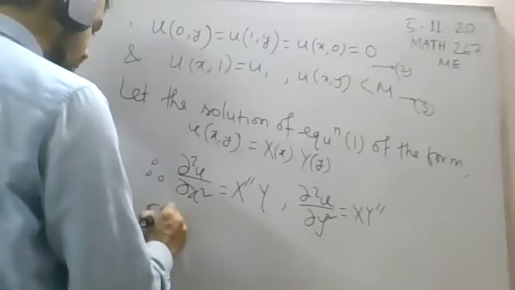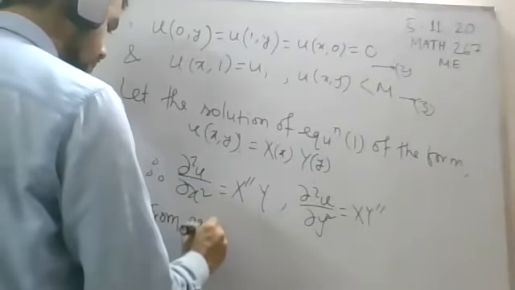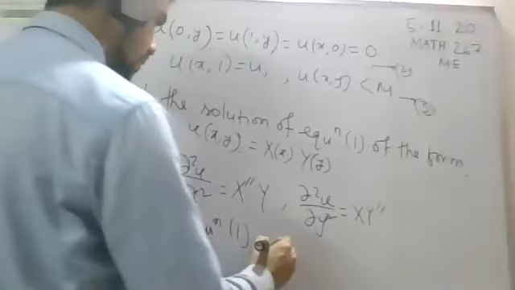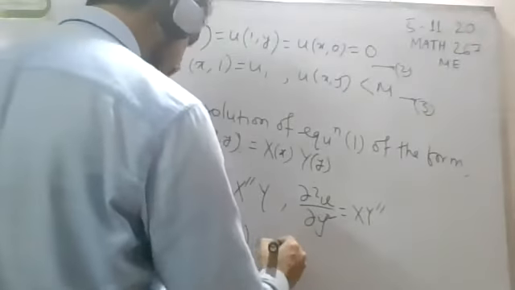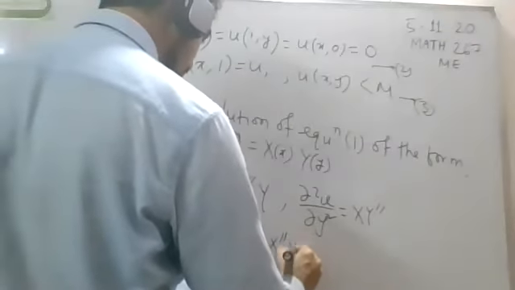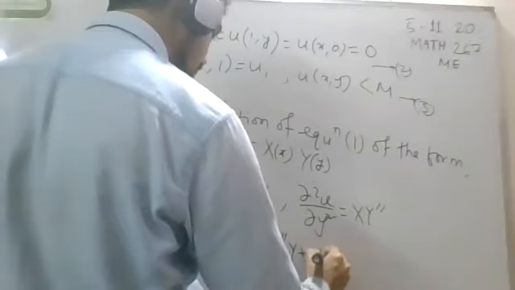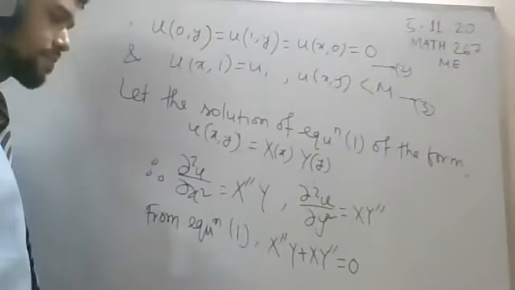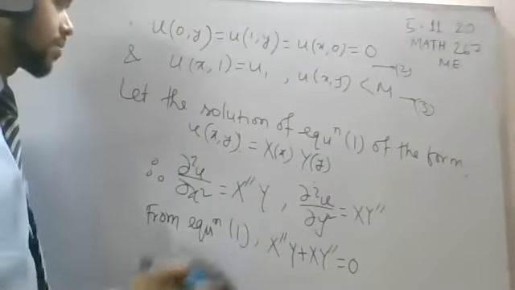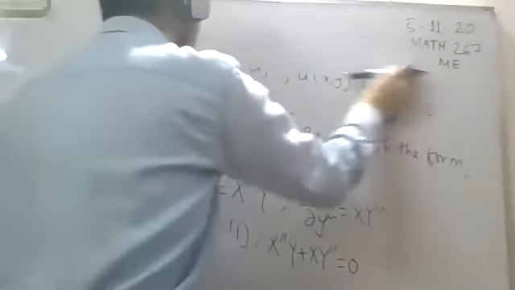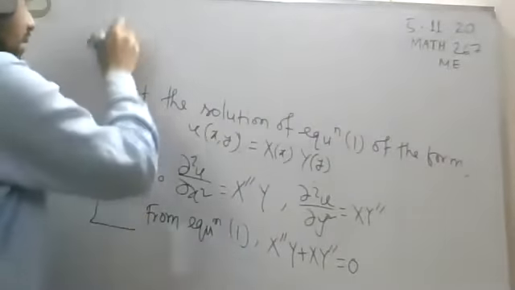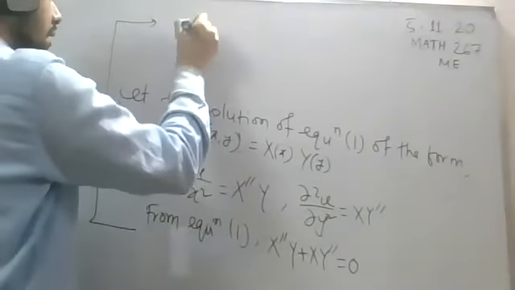Then you can write X double prime Y plus X Y double prime equals to 0. Okay. Now from here you can say this will be double prime.